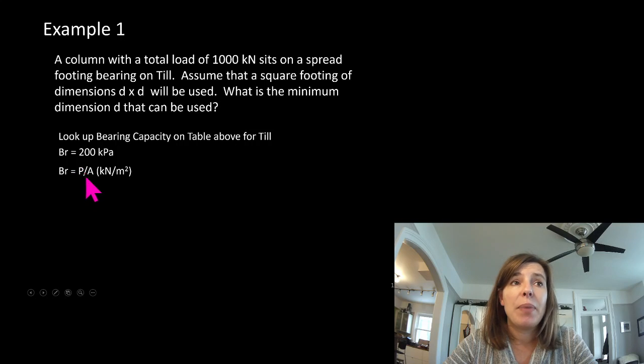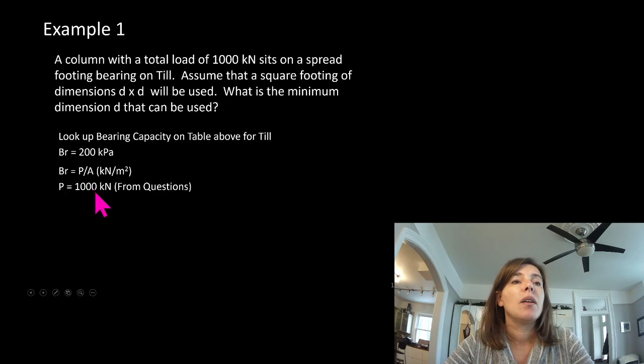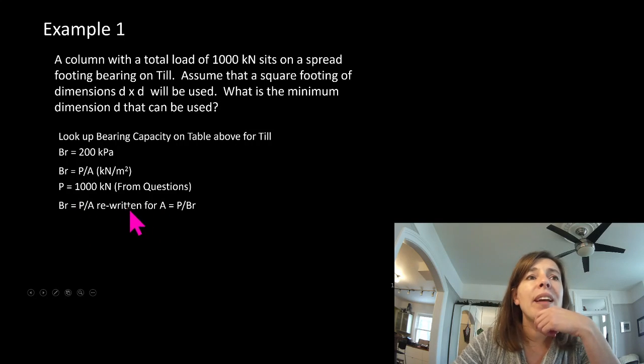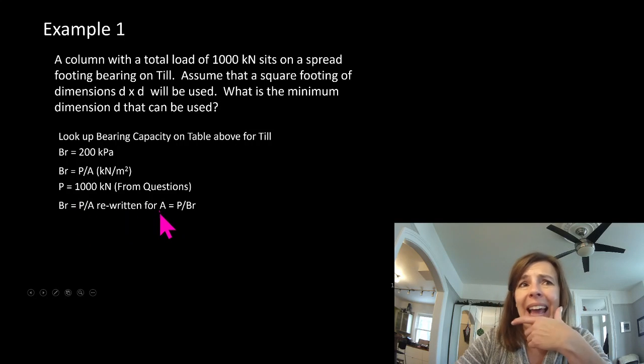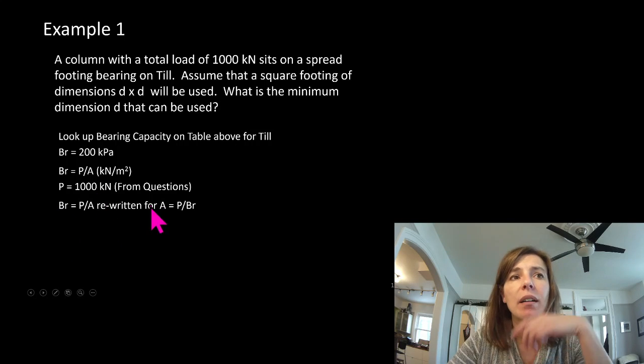BR is going to be our P divided by A, or kilonewtons divided by meters squared. We have 1,000 kilonewtons. BR equals P divided by A. Why don't I just rewrite that so that I know what A is? So bring our A over, divide by BR.